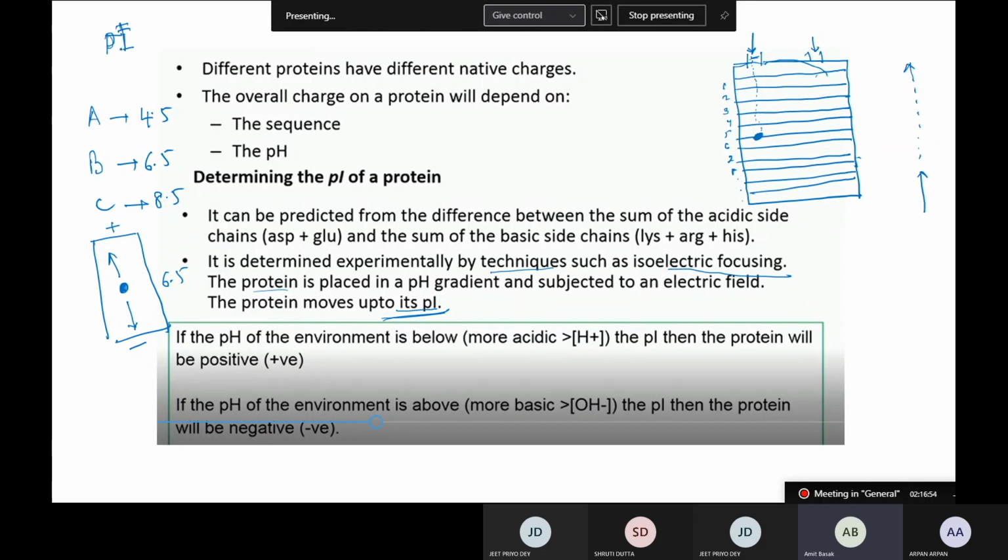Suppose the isoelectric point takes a value of 4. If the pH is higher than 4, and if the pH is lower than 4, what will be the charge on the protein? If you cross the pI, what will be the overall charge of the protein, plus or minus?